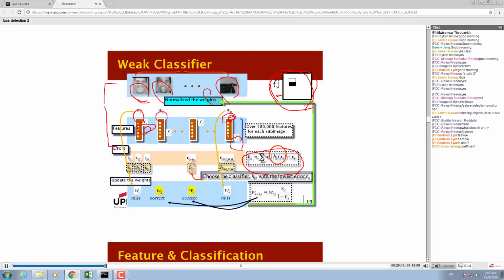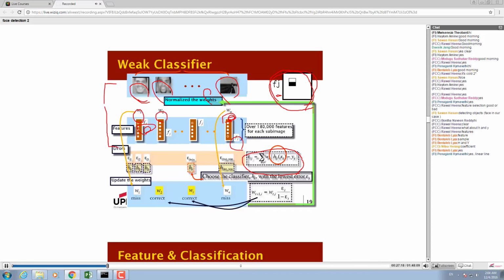If we add a threshold, do you remember the vertical and horizontal line in the graph? That is the threshold. So if we know the threshold per feature, then we can classify. In this case, we are using a very simple classification for the weak classifier, just a linear line.